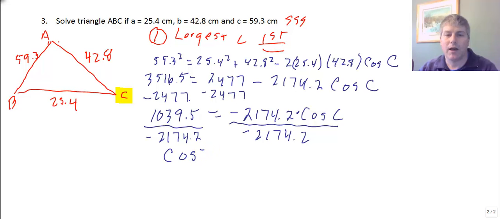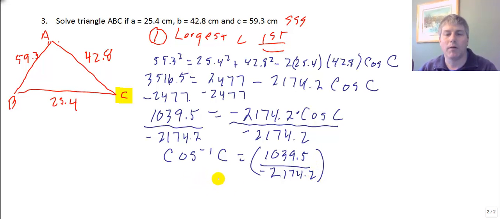So I get cosine inverse of 1,039.5 divided by negative 2,174.2. I am in calculator ready form. I can input that into my calculator and I will get angle C equals 118.6. So that is my largest angle opposite my largest side.